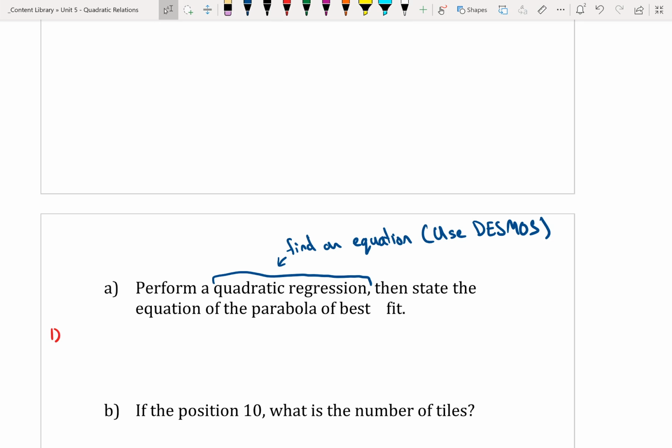The first thing you're going to do is create a table of values, and then the second thing you're going to do is enter y1, a squiggly line, a x1 to the power of 2 plus b x1 plus c. And that will give you your quadratic regression.